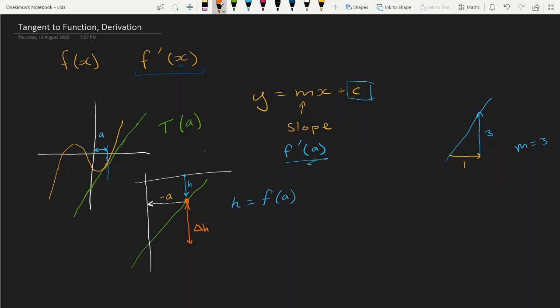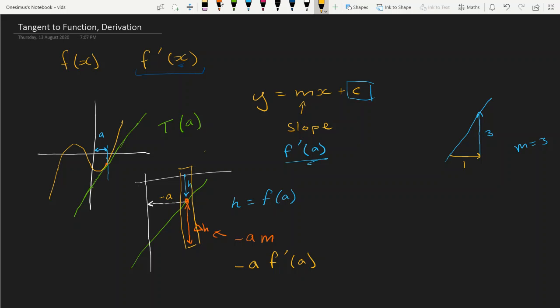And delta h can be given by minus a times m, and we found before that m, our slope, can be given as f prime of a, so we have minus a times f prime of a. So our y-intercept is going to be these two combined, isn't it? Because we've got a drop here and some more here, or it could be up the other direction.